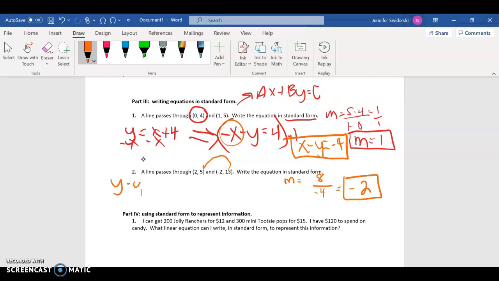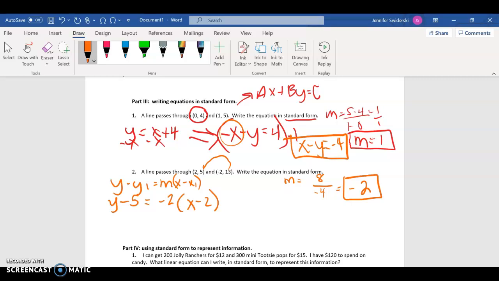So y minus y1 equals m times x minus x1. So y minus y1 is 5 equals my slope of negative 2 times x minus 2. By doing this, all right, I'm helping myself out in a couple ways.